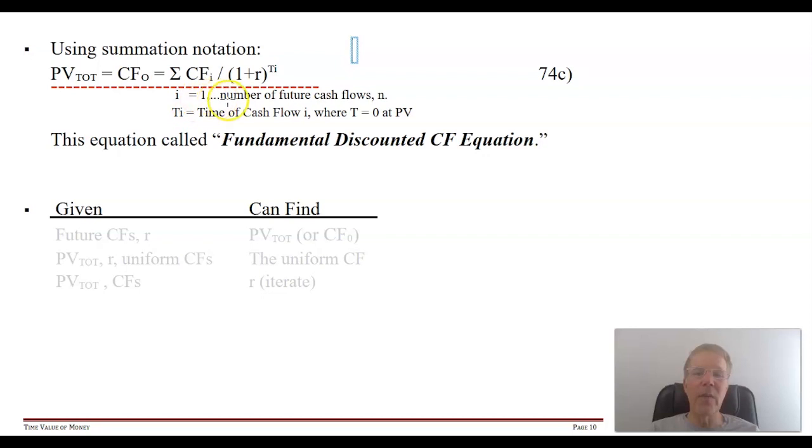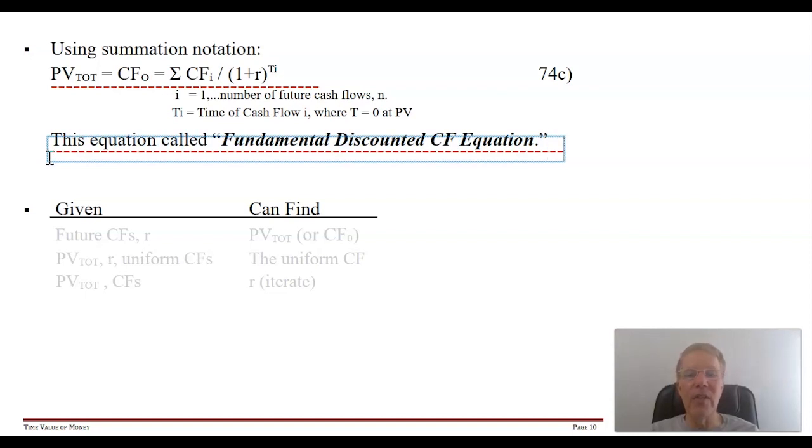So I goes from 1 to the number of cash flows, which is N, and TI is the time of cash flow I. This equation is another one of our big deal equations. It is called the fundamental discounted cash flow equation.